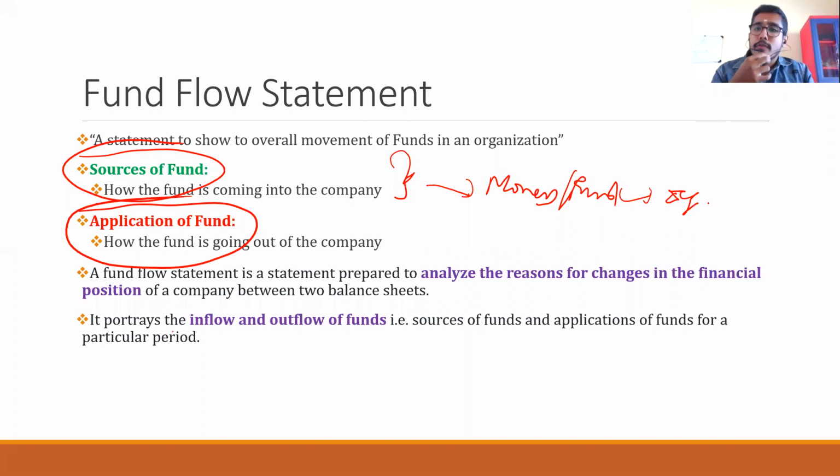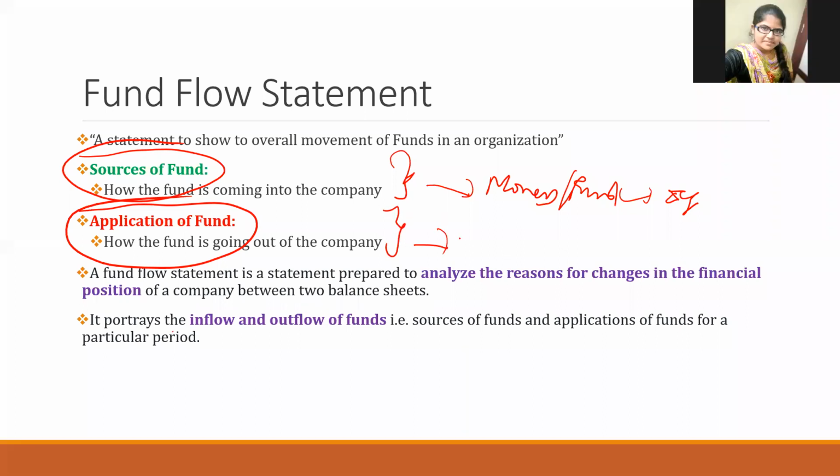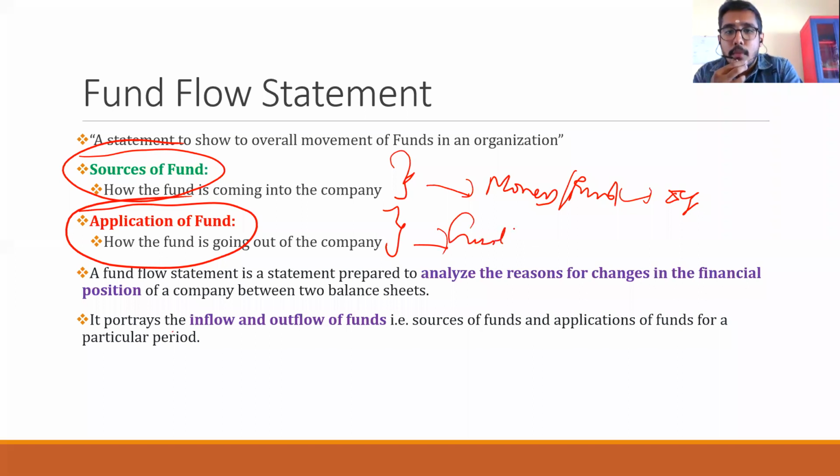There are n number of sources of funds. And application of fund means how we are utilizing that fund in our business, how the fund or money went outside our organization.